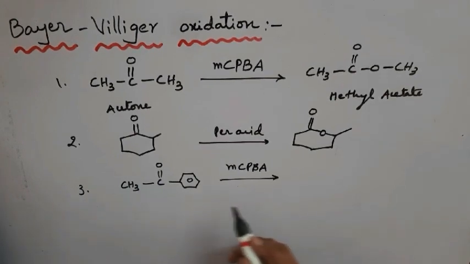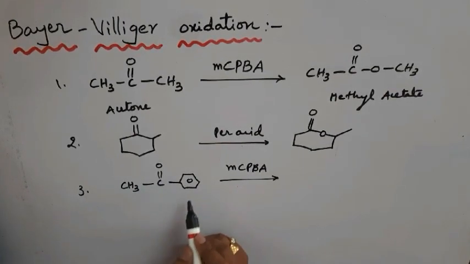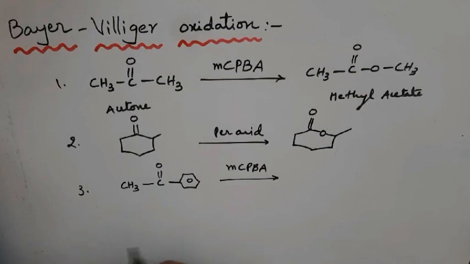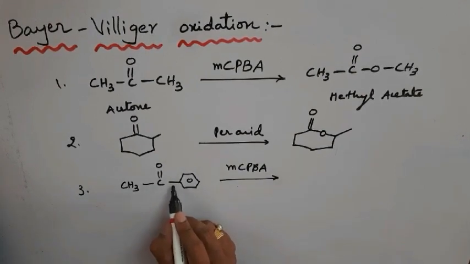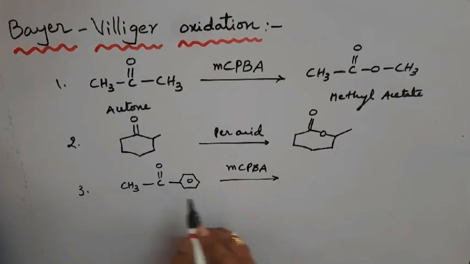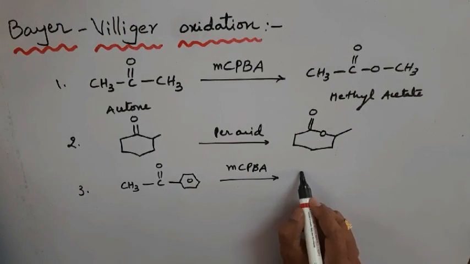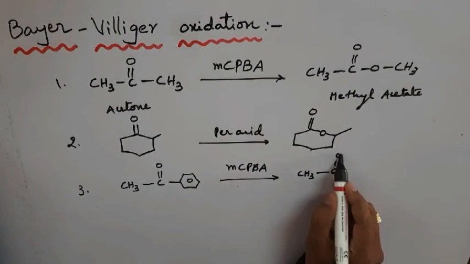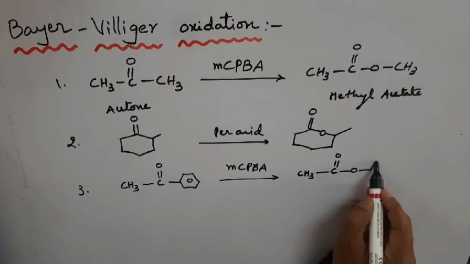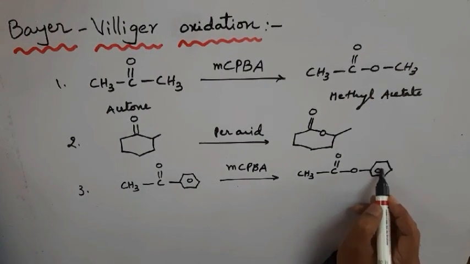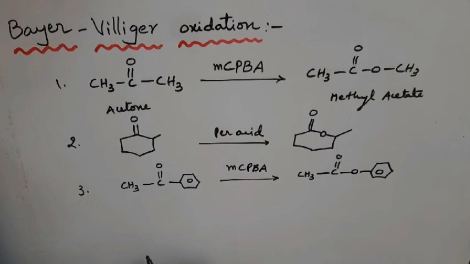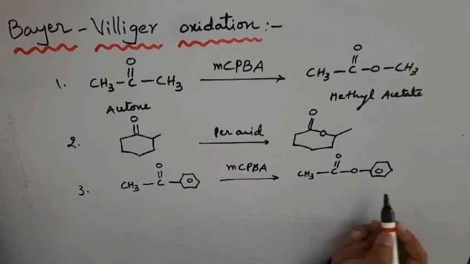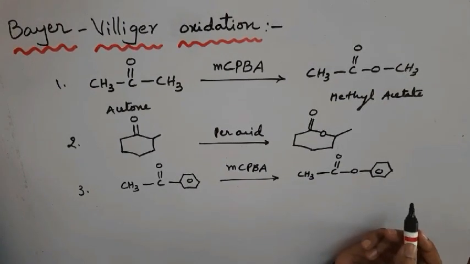Because the phenyl group has higher migratory aptitude compared to an alkyl group, oxygen gets inserted towards the right side here. As a result, the product obtained is this compound, phenyl acetate.